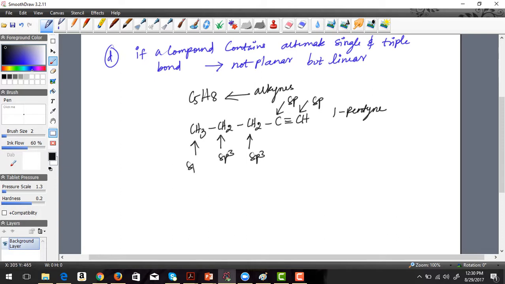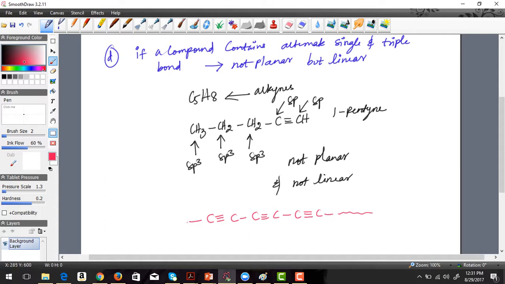Now this is not planar. It is also not linear. Not planar and not linear. Okay. What's an example of a linear compound would be, say, you have a compound that looks like this: C triple bond C, single bond C, triple bond C, single bond C, triple bond C, and the list goes on.